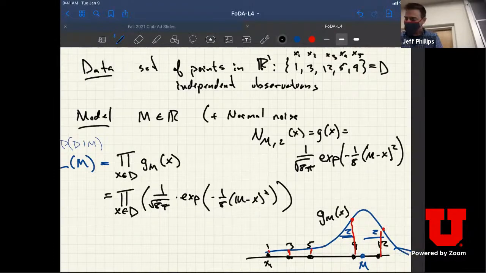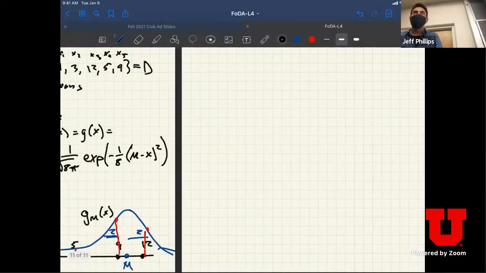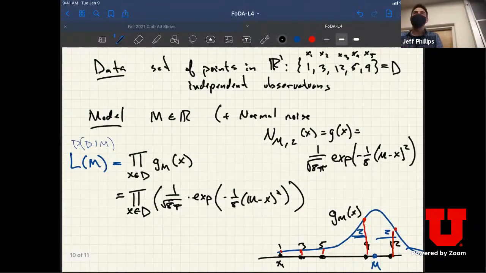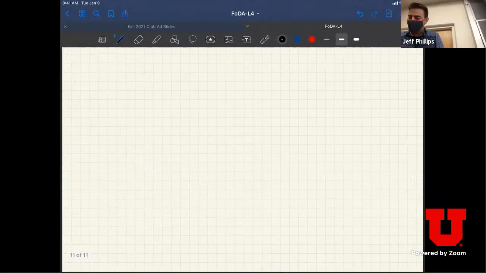Let me just go to another slide here. Does everyone have this up? I'm going to rewrite it as the log likelihood. Instead, I'm going to use the natural log of L of m.